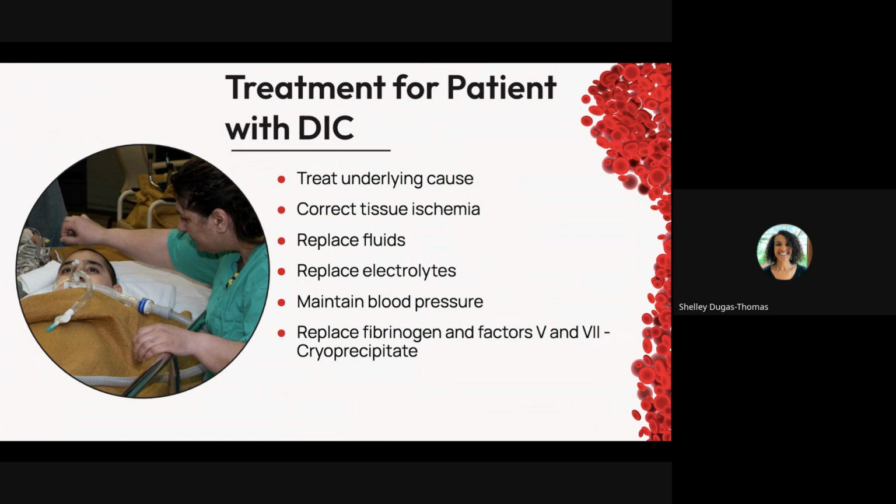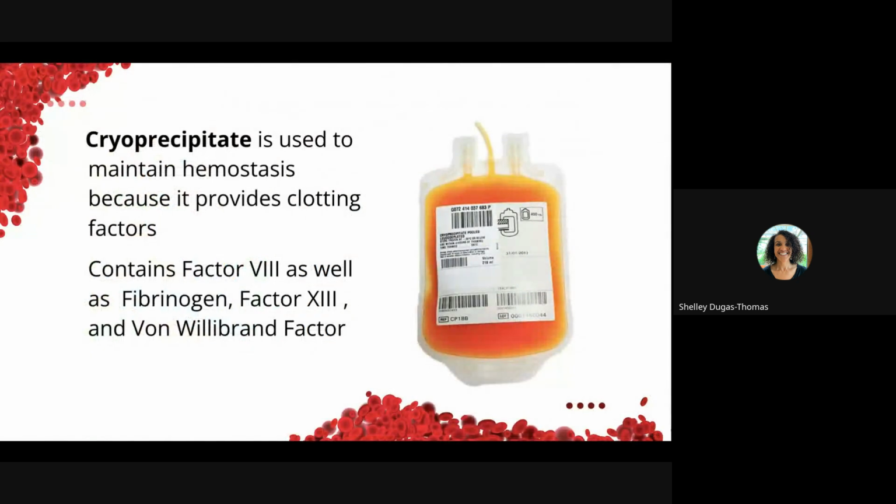So, cryoprecipitate is given to replace fibrinogen and factor 5 and 7. We'll talk a little bit more about that. Cryoprecipitate is used to maintain hemostasis because it provides clotting factors. Patients receiving cryoprecipitate are managed in the intensive care unit where they can be closely observed with hemodynamic monitoring equipment.